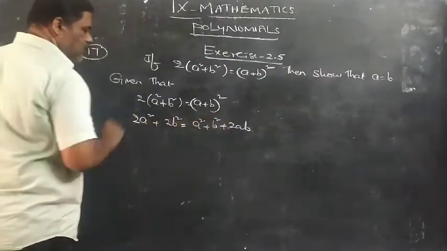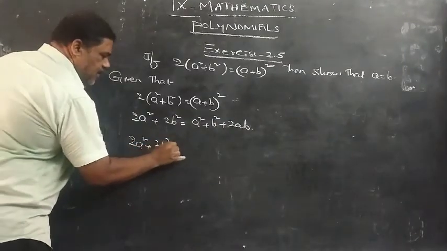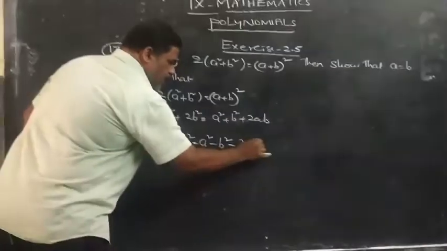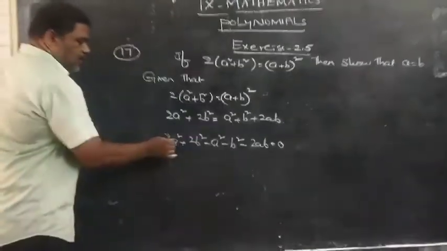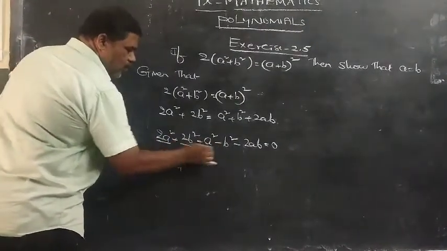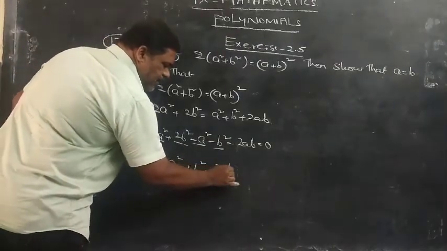Send all the terms to one side. 2a square plus 2b square minus a square minus b square minus 2ab is 0. 2a square minus a square is a square. 2b square minus b square is b square, minus 2ab.